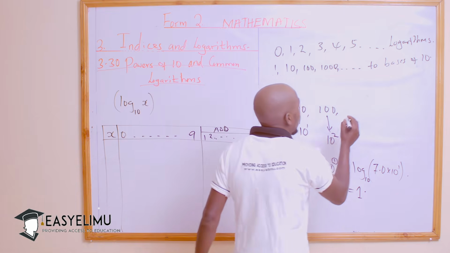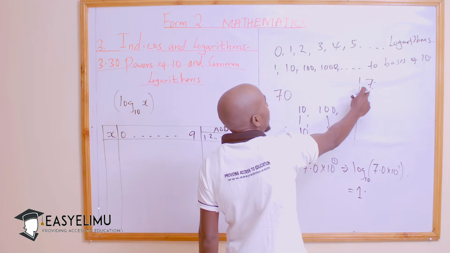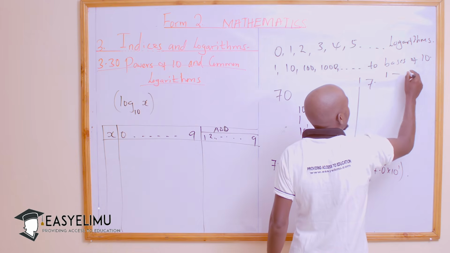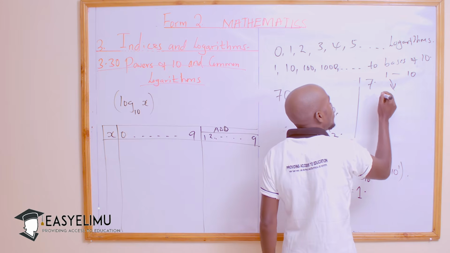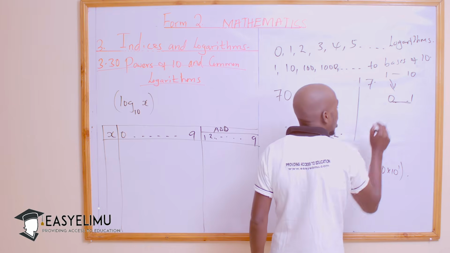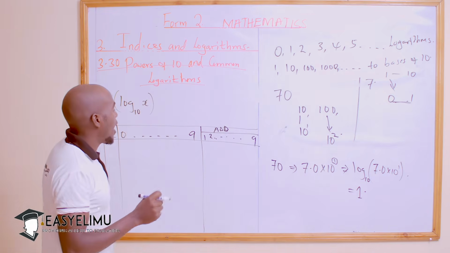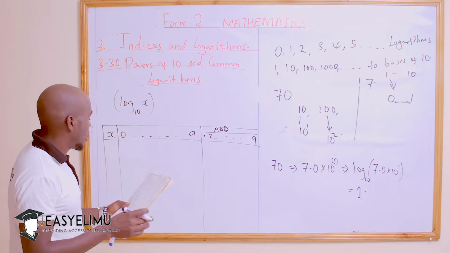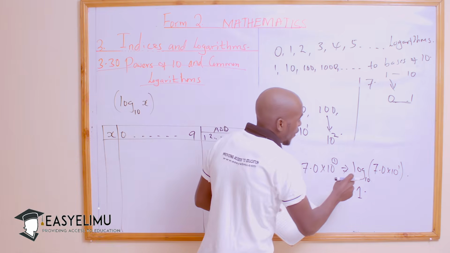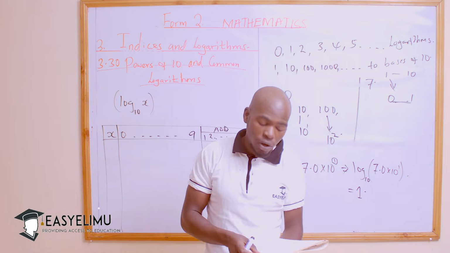Since we need the logarithm of 7, and we know 7 is a number between 1 and 10, its logarithm should be between 0 and 1. To get that value we need help from the logarithm table, so we are going to find the logarithm of 7 to base 10 using the mathematical table.